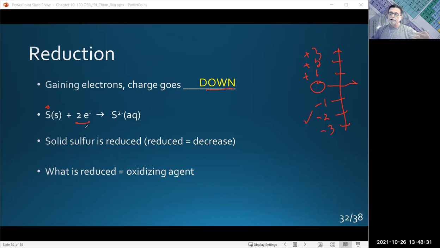In reduction, electrons are a reactant. It's to the left of the arrow. And we create the sulfide. So sulfur is reduced, its oxidation number is decreased, and what is being reduced is called the oxidizing agent. So what is being oxidized is the reducing agent. What is being reduced is called the oxidizing agent.